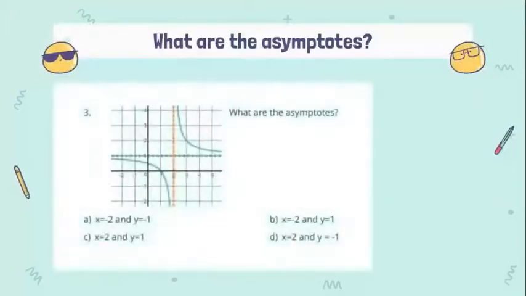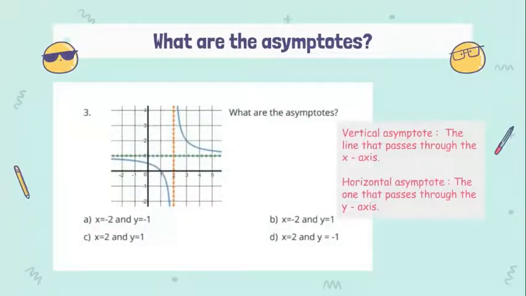What are the asymptotes? As you can see here in this question, there is a graph given. That means that we need to find the asymptotes from the graph. Always note that the vertical asymptote is the x values, and it's always the line that passes through the x-axis. And the horizontal asymptote is actually the opposite.